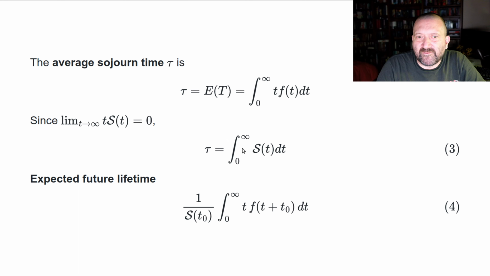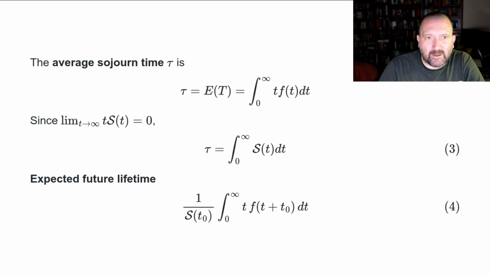The average sojourn time is simply the integral from 0 to infinity of the survival function. And we can also compute this quantity, which is the expected future lifetime of a process that has survived up to t0, and we get it by computing this quantity here.